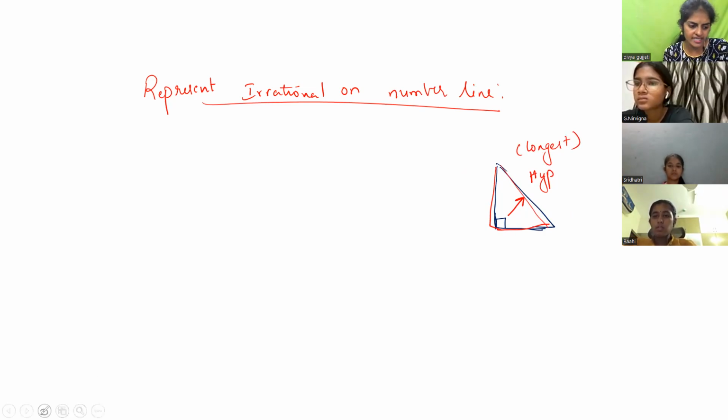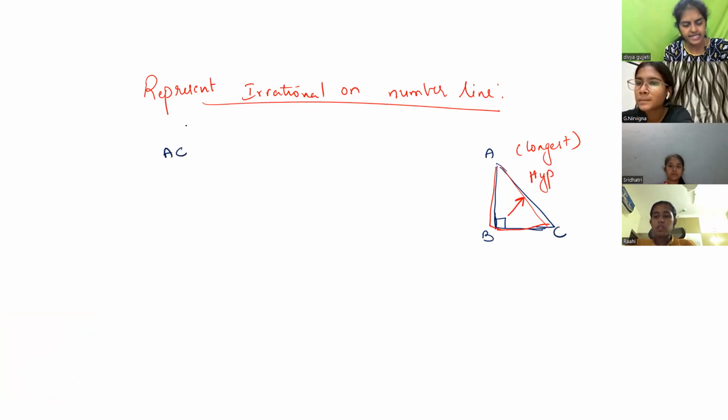So what Pythagoras says is: suppose this is triangle ABC, then AC is the hypotenuse. The square of the hypotenuse will be equal to the sum of the squares of the other two sides.